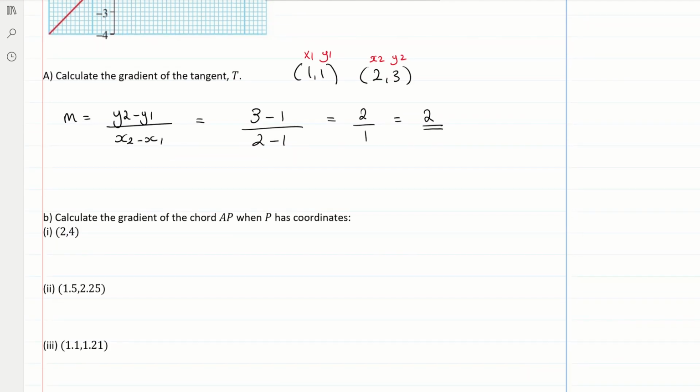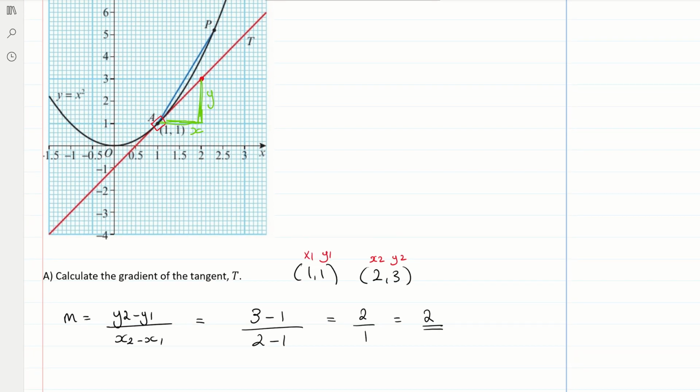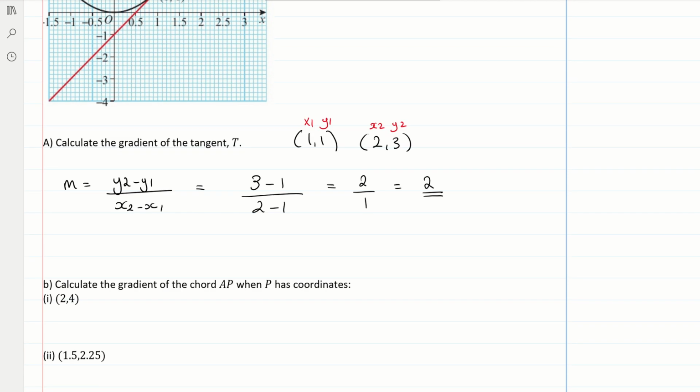Now we're going to do that, but now it says calculate the gradient of the chord AP when P has different coordinates. So we're imagining that this P is moving to different parts of the curve, and we're trying to find the gradient of AP.